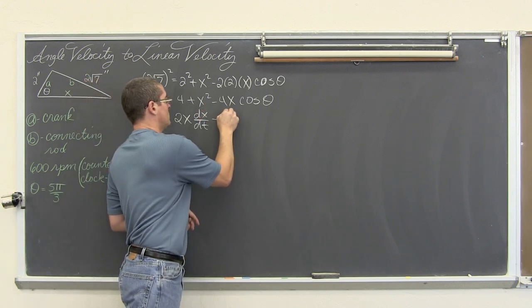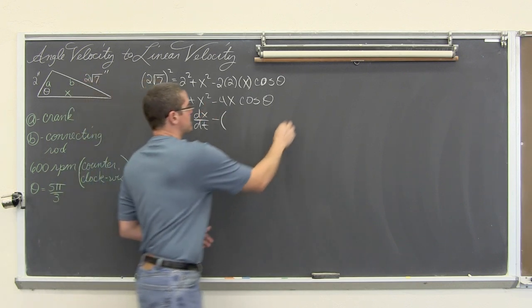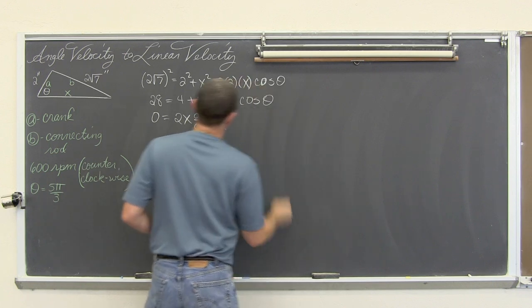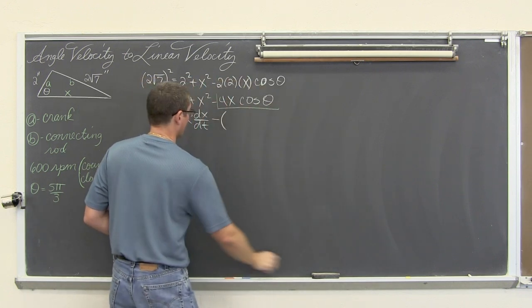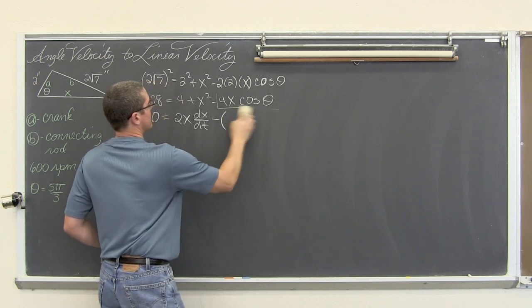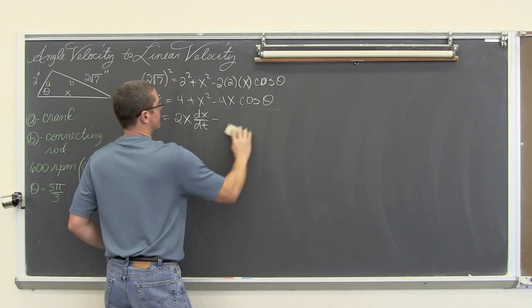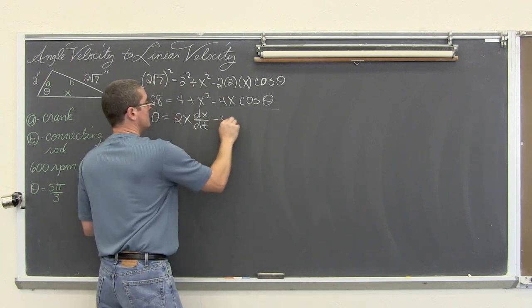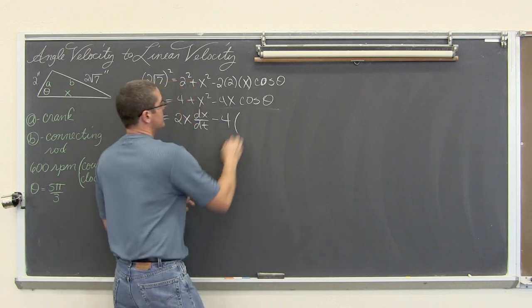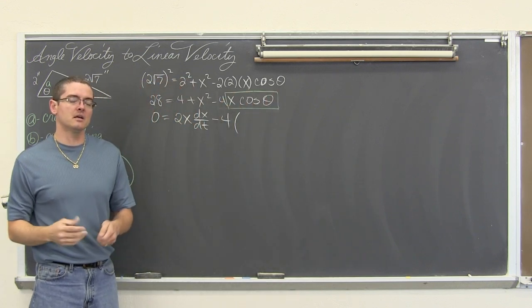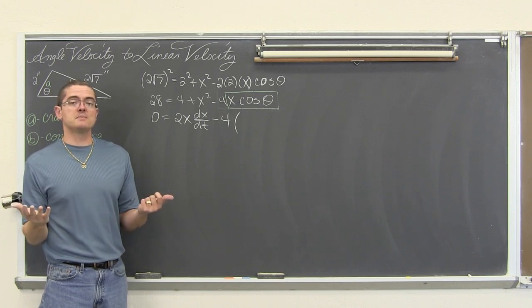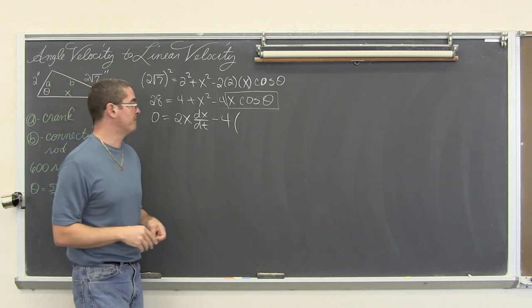Minus, okay, now I'm putting parentheses in here because if I just look at the 4, that's just going to complicate things a little bit. Let's take that 4 out. So we're going to do minus 4. There we go. Now this part, x cosine theta, that's two items being multiplied together, so we need to use the product rule.